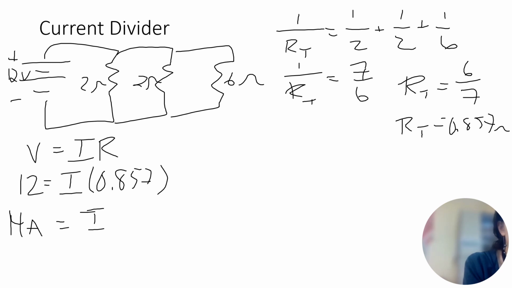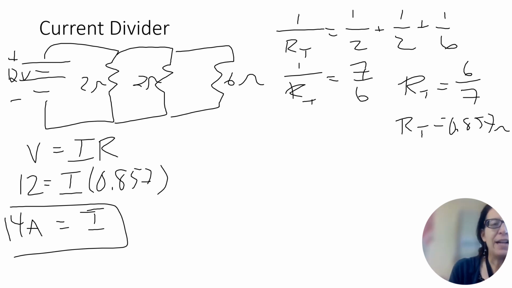Okay. So that's a 14, not an H, which if you're paying any attention, you know, because I said it. So that is our total current going through there. And then you might be asked, what's the current through each resistor, which I guess we didn't need to do that part, but we would have done eventually to verify Kirchhoff's law.